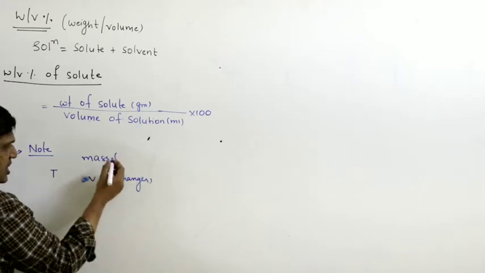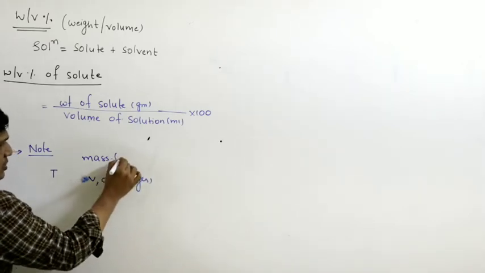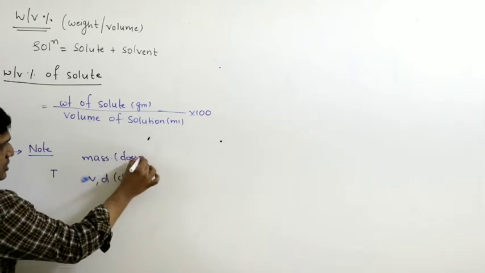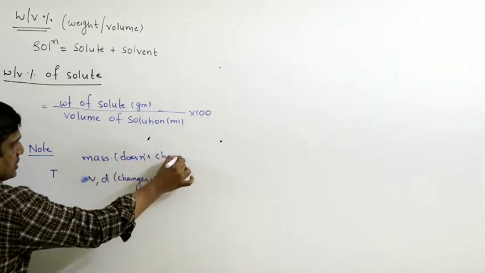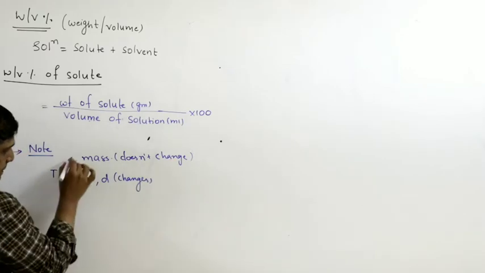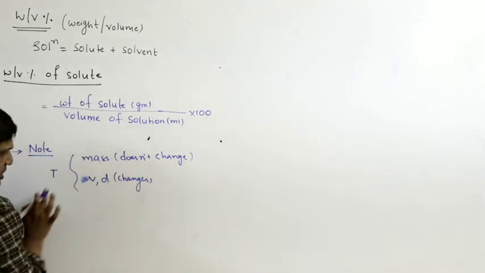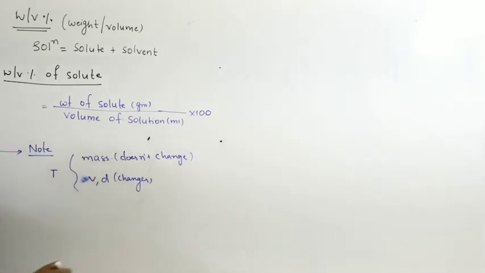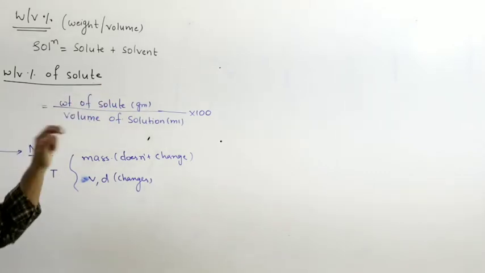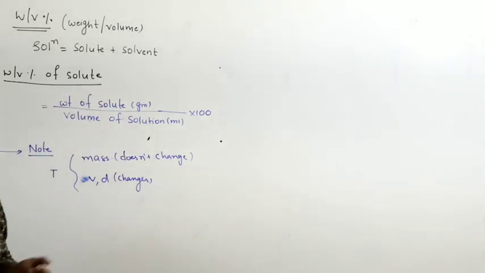Mass change is negligible, so it does not change. So with the change in temperature, mass does not change, but volume and density change. Now the weight in the numerator does not change, but volume of solution changes.